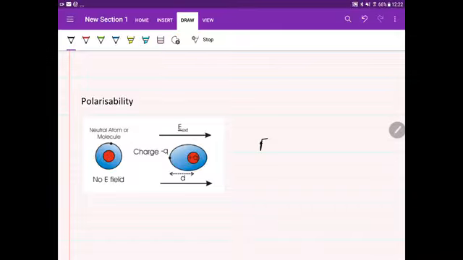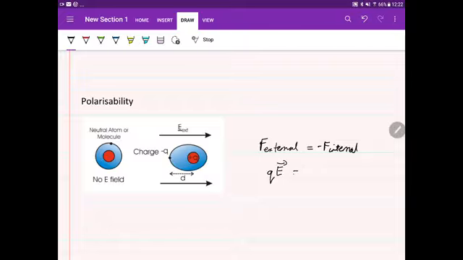So effectively what we do is we balance the external force, which is due to this electric field, with the internal force, which is going to be due to the Coulomb attraction. The external force is due to the field. We've seen that before. It's just equal to the charge times the electric field that's being applied.